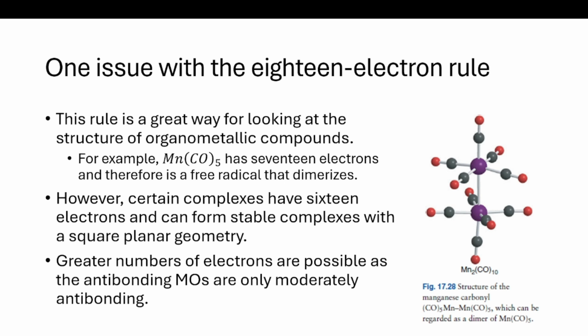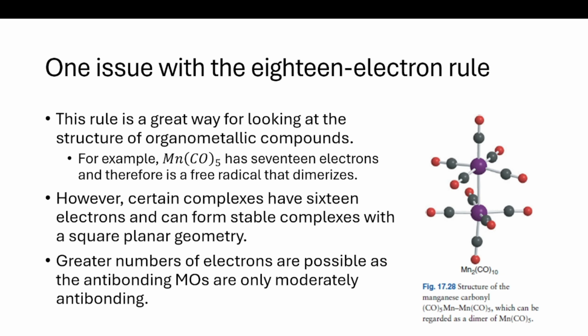And of course, this is a great general rule for looking at the structure and stability of these compounds. And in fact, we can see this in the example of Mn(CO)5, which has 17 electrons. And because it has an odd number of electrons, we get a free radical, and that free radical can dimerize.